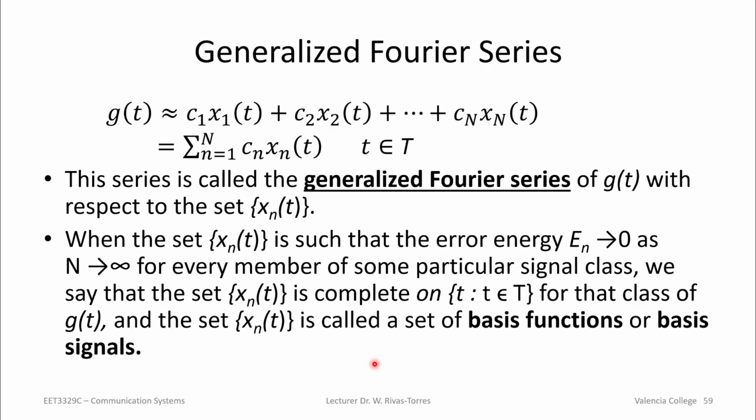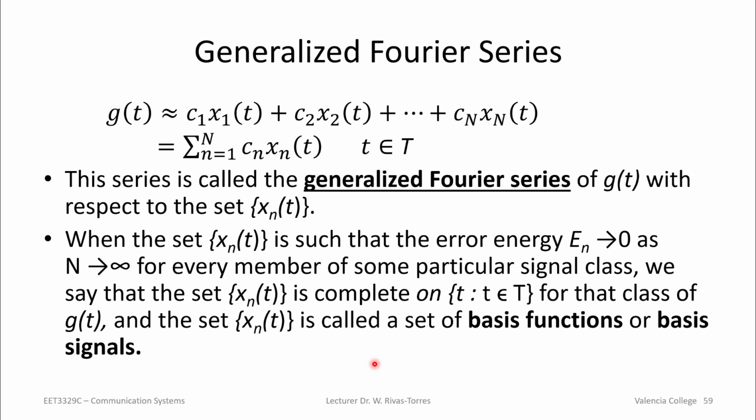And what kind of name do we give this? We actually call this the generalized Fourier series of g of t, and it's with respect to a set of orthogonal signals xn of t, right?